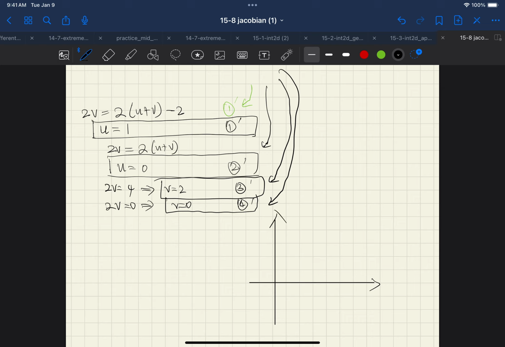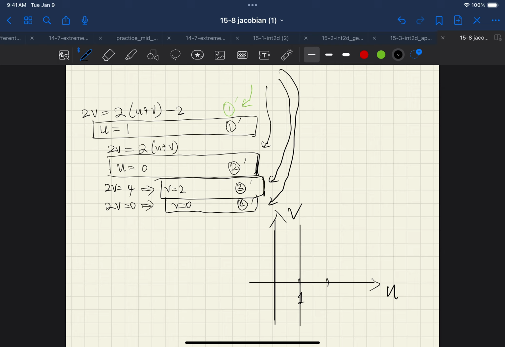So u equals 1, suppose this is 1, then u equals 1 means a vertical line, right? And u equals 0 is also a vertical line, but this is the v-axis.